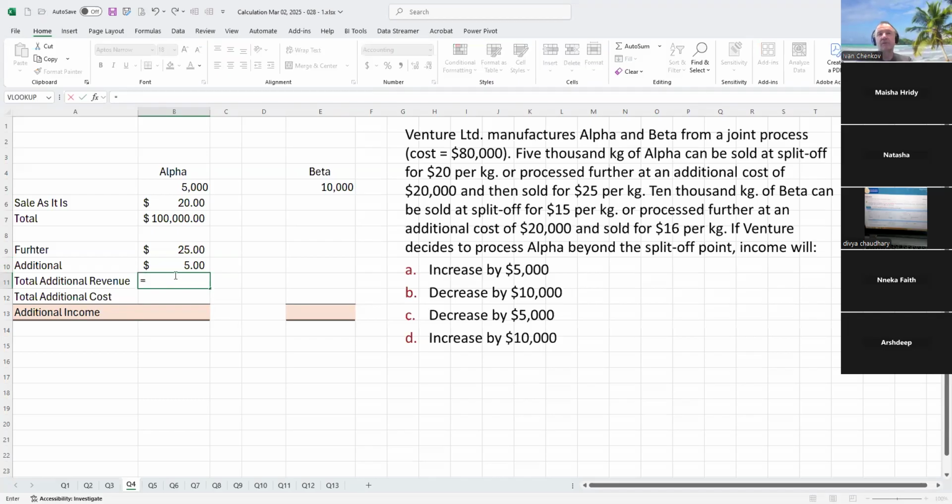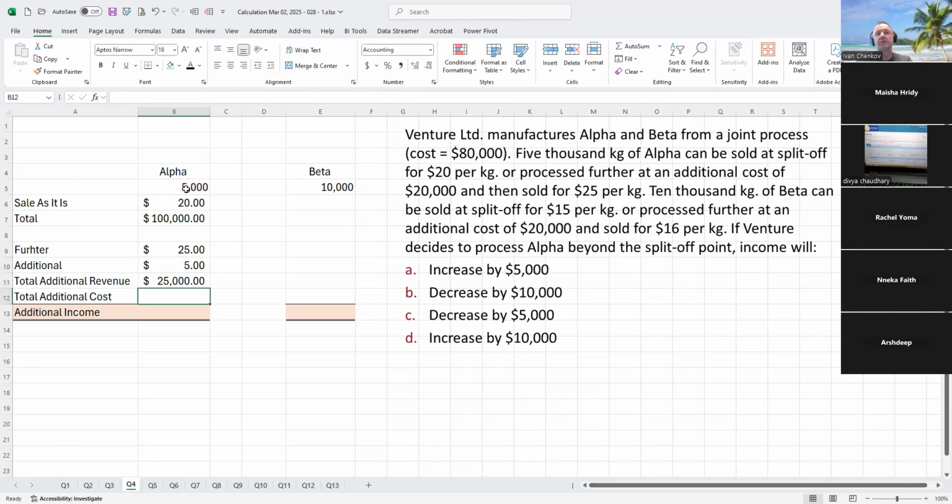That will be $5 times 5,000 kilograms, 25,000. So we're going to get additional 25,000. How much is it going to cost us to make it? Additional cost is 20,000. So are we making profit here? Yeah, 5,000. How about the beta?